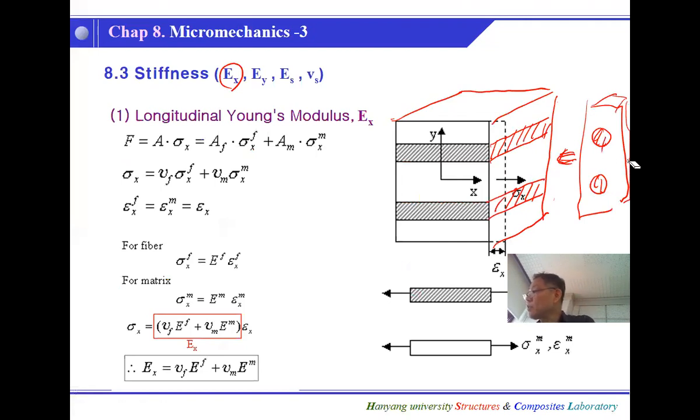I'm sorry, this is not the right one. This is the X direction, so we can say that here, in the X direction, we have a fiber here.